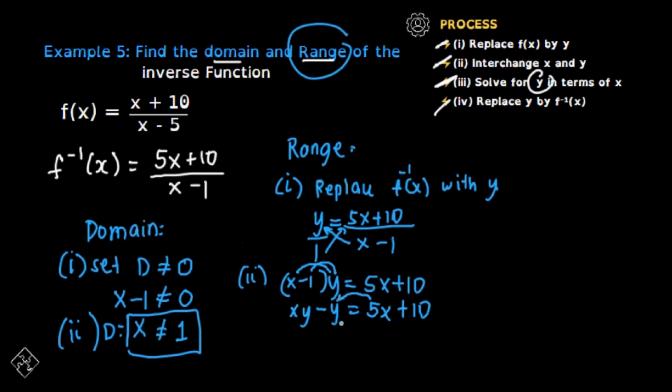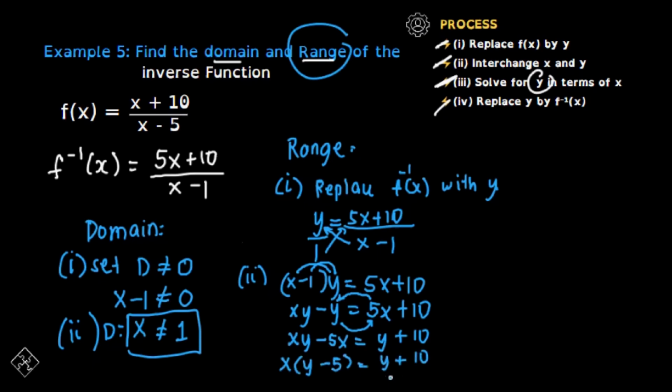So, para magawa natin yon, ipagpalitan natin sila, no? So, meron tayong xy minus 5x equals positive y plus 10. Okay? So, ilabas natin ang common factor dito si x, right? So, we have x, ang maiiwan sa loob, si y minus 5. Okay? Equals y plus 10. Okay?